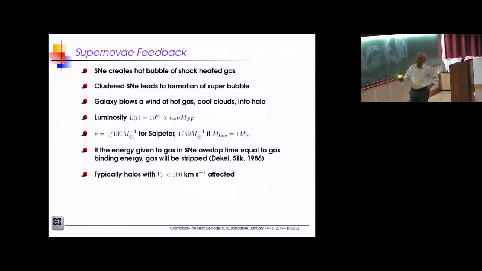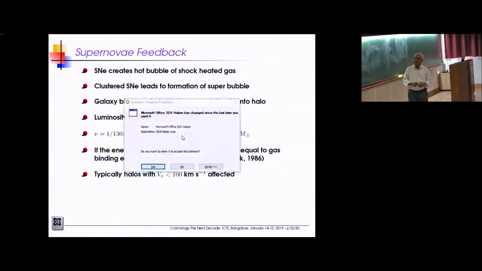For example, if you take a Salpeter mass function, for every solar mass of stars formed, you get about one big supernova, which has an energy of about 10 to the 51 ergs.